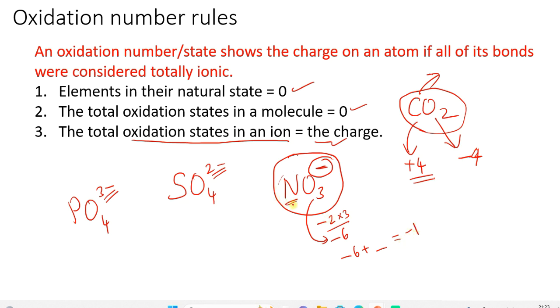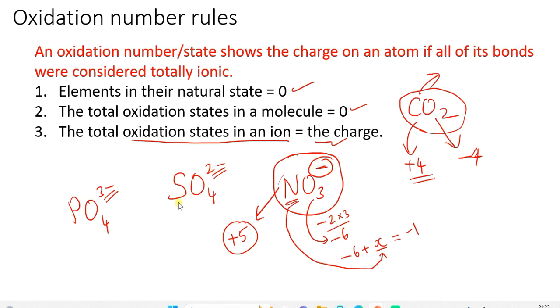For nitrogen, whatever the charge is, you put that here. You can put x and solve for this, but you can pretty much see what this number is going to be, it is +5. So nitrogen in this case has got a +5 oxidation state. That is what this means. The total oxidation state in an ion is the charge on the ion, so we have to take that into account.